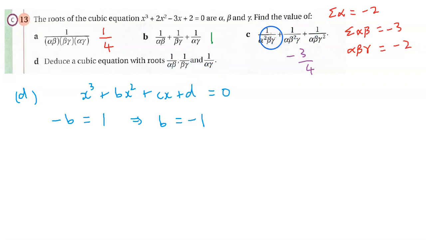And so that one is negative 3 divided by 4. So c equals negative 3 divided by 4. And then negative d is the product of the 3 roots multiplied together. So that would mean that d is equal to negative 1 over 4.